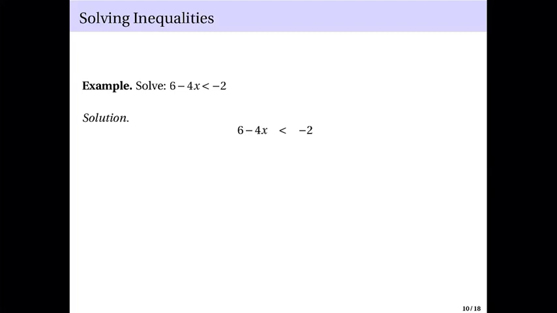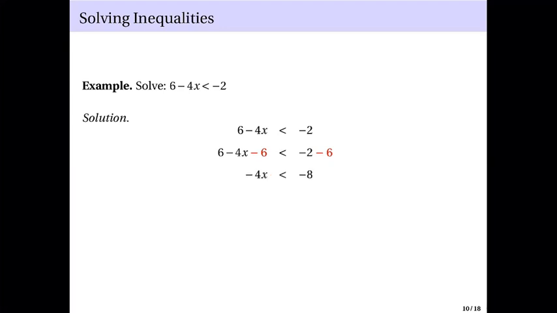So we do the same method as in the previous example. All we need to do is to isolate the variable x to one side of the inequality and everything else to the other side of the inequality. So in here, we add negative 6 on both sides of the inequality and the inequality is retained.